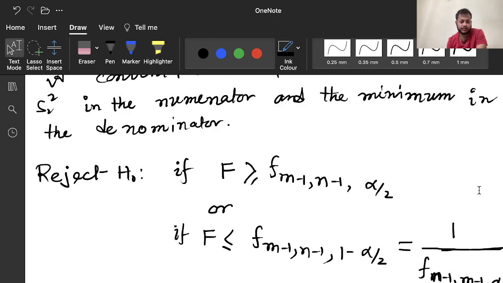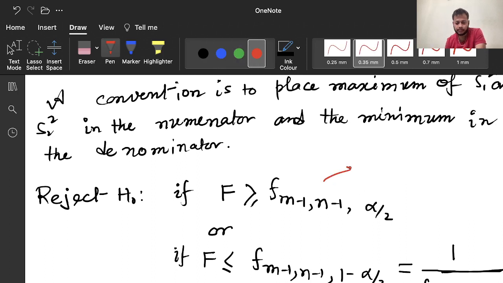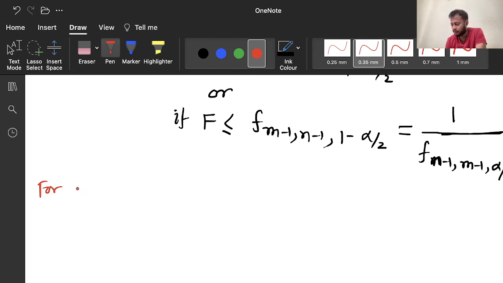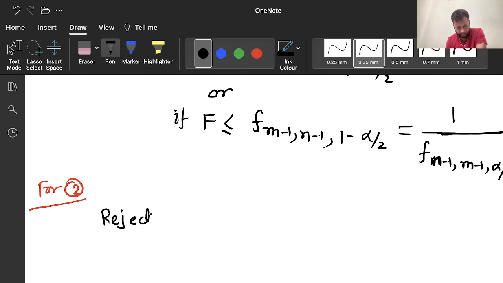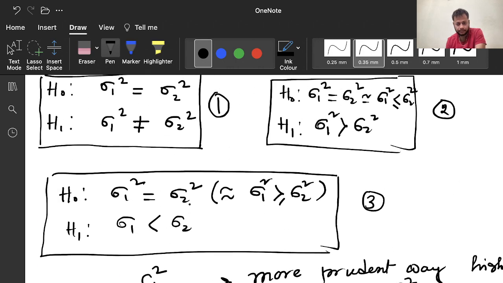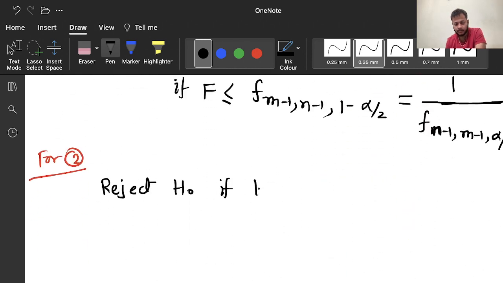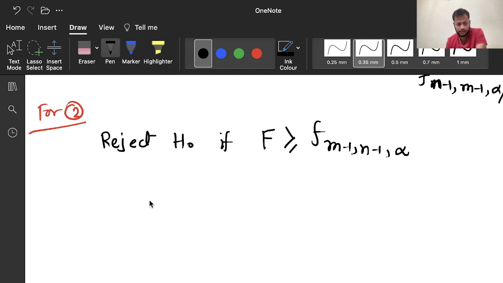This is for problem 1. For 2, we reject H0 if F is greater than or equal to F of m minus 1, n minus 1, alpha.